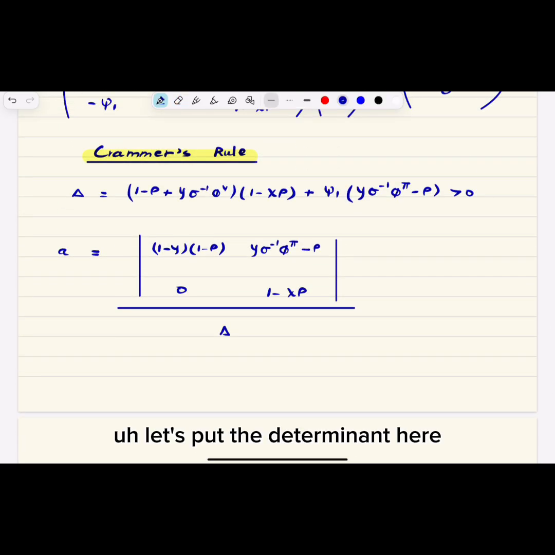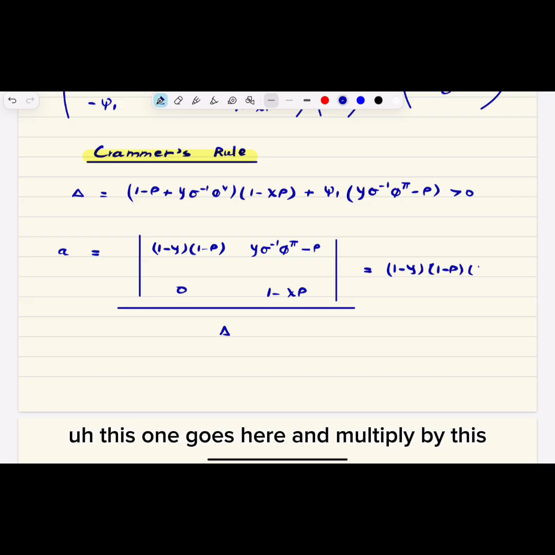So let's put the determinant here. This one goes here and is multiplied by this.